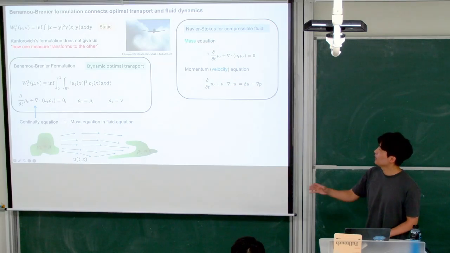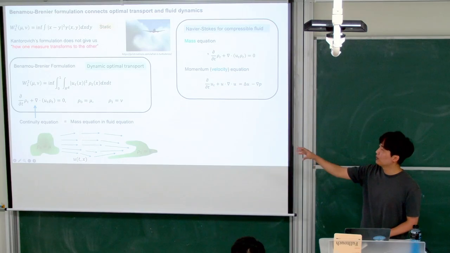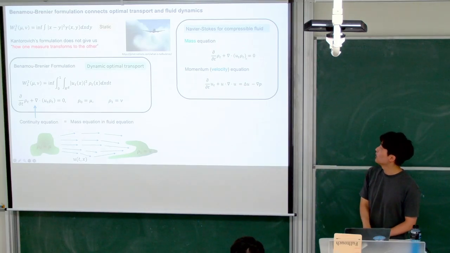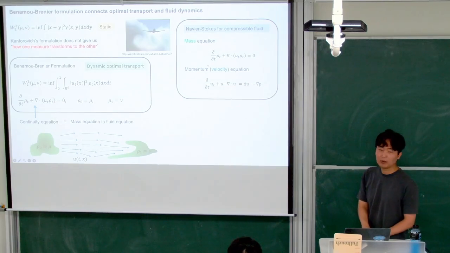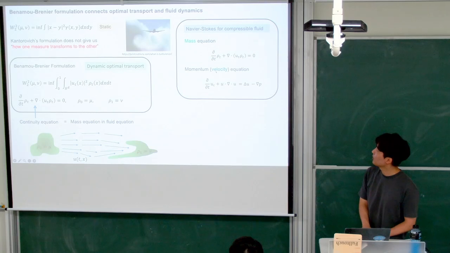First, if you think about the movement of air, then air must have some mass or a density, rho. And the density flows along this equation, the continuity equation. The fluid has not only a mass, but also a velocity or momentum. So the momentum equation is written like this. This is the Navier-Stokes equation people most commonly consider.